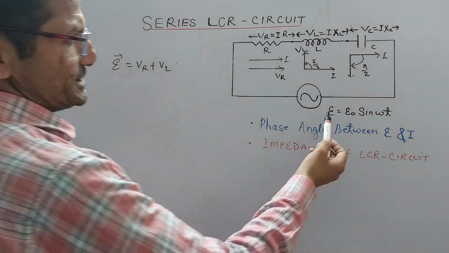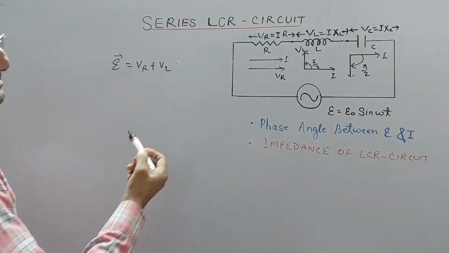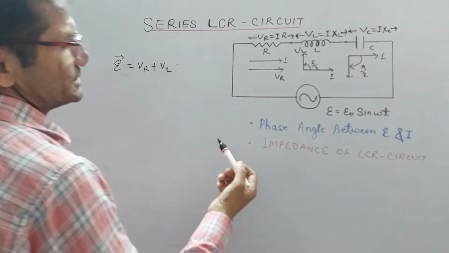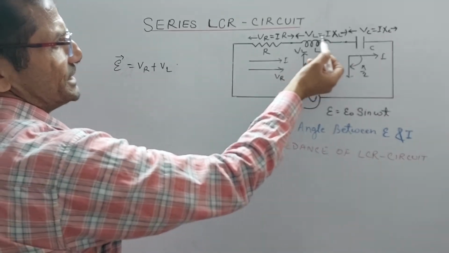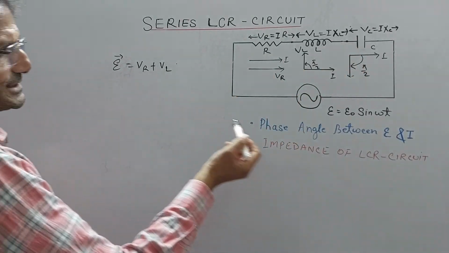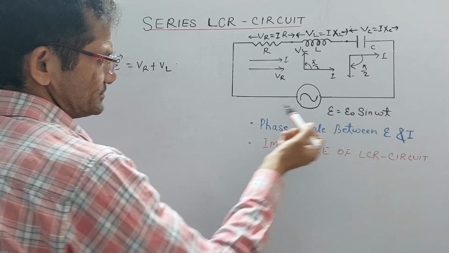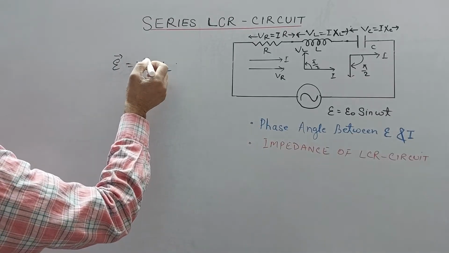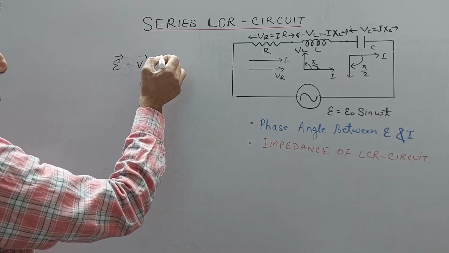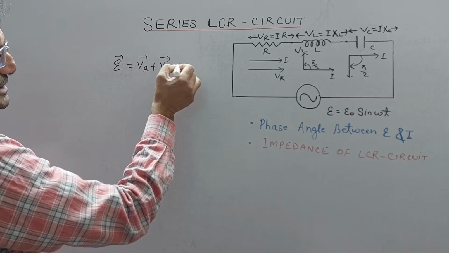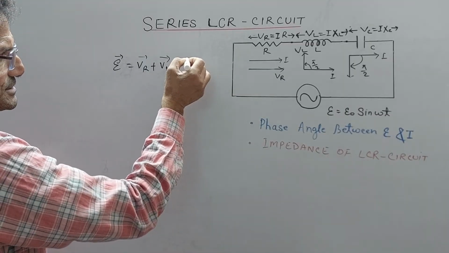The net voltage E at some particular time will be the vector sum of all the vectors VR, VL and VC. Therefore, the resultant vector at some particular time t is E equal to voltage across resistor plus voltage across inductor plus voltage across capacitor.